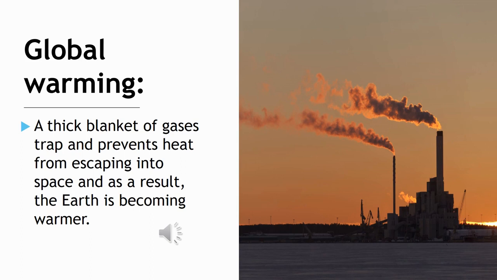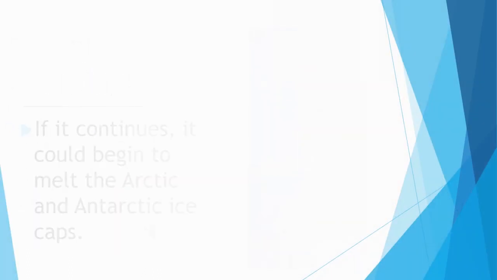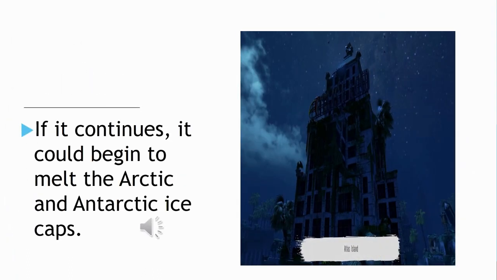This is called global warming. If it continues, it could begin to melt the Arctic and Antarctic ice caps. The increase in the sea level would submerge nearly all of the Bahamas. The following video further explains global warming.